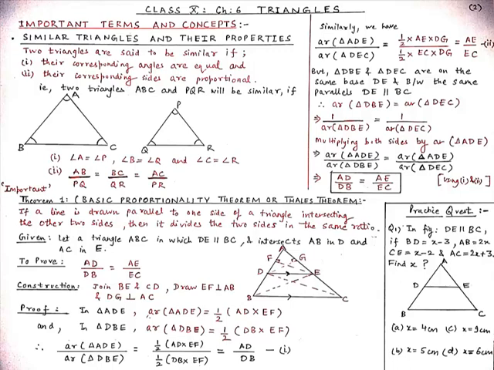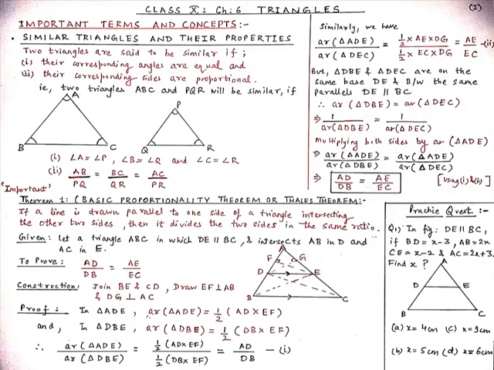For its proof, first we take a triangle ABC in which DE is parallel to BC and intersects AB in D and AC in E. We have to prove that AD upon DB is equal to AE upon EC. By construction, we join BE and CD, and draw EF perpendicular to AB and DG perpendicular to AC.